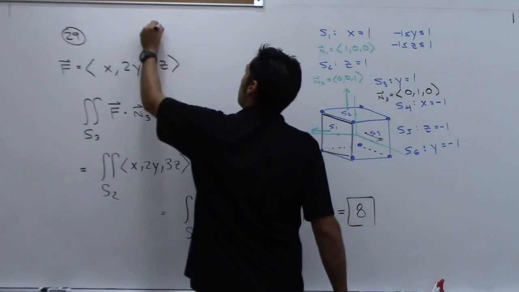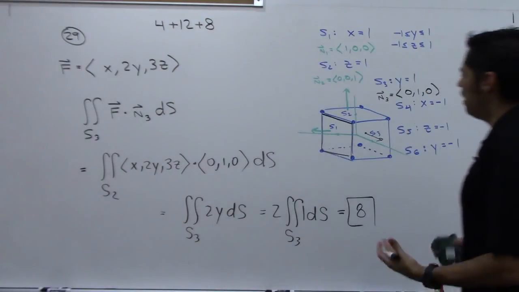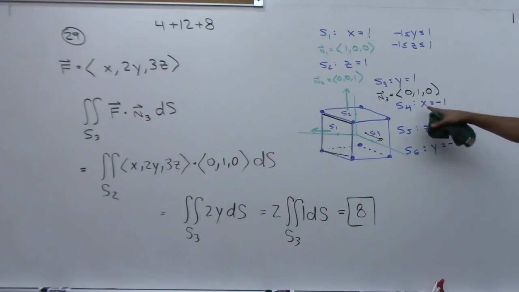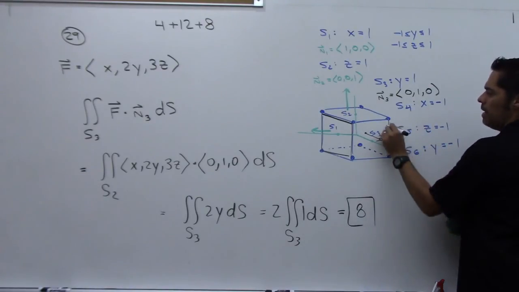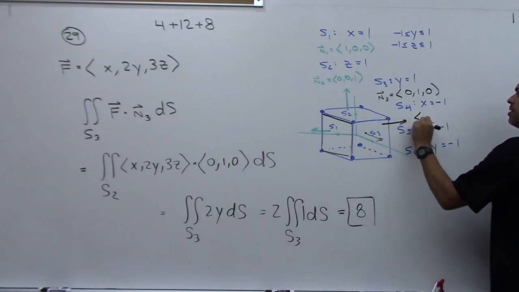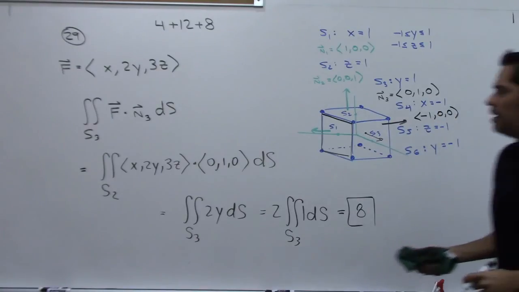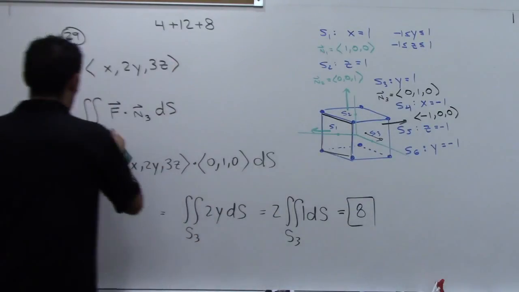So far we have 4 plus 12 plus 8. And let's go now and do something a little more interesting. How about S4? So S4 is this backside, and the normal vector sticking out of that points this direction, which is the vector negative 1, 0, 0. So let's see how that changes things.